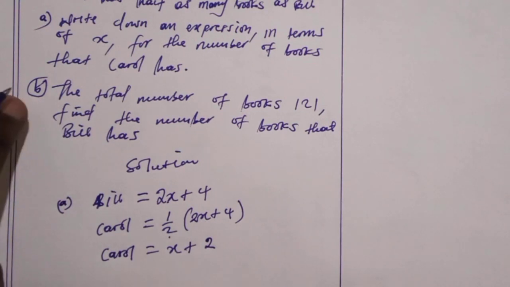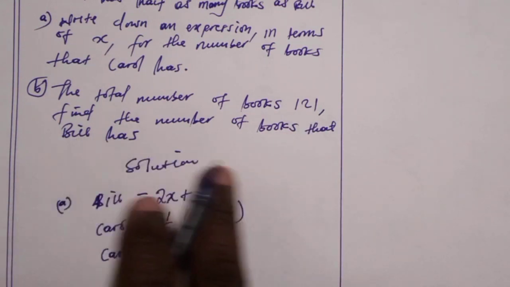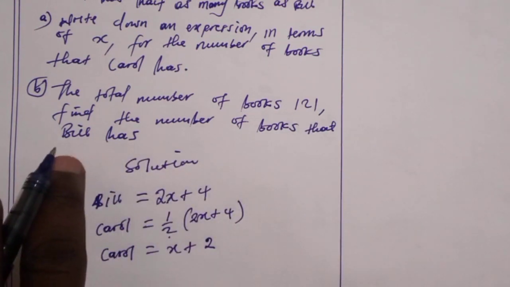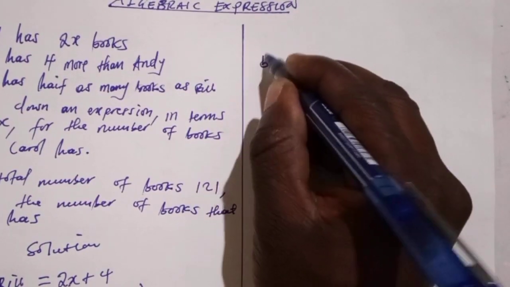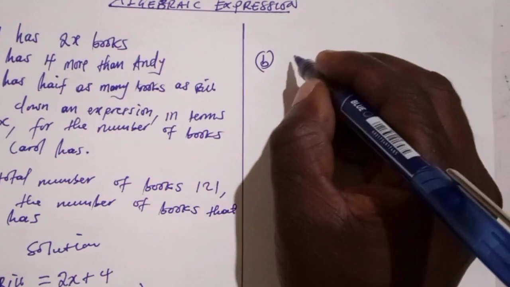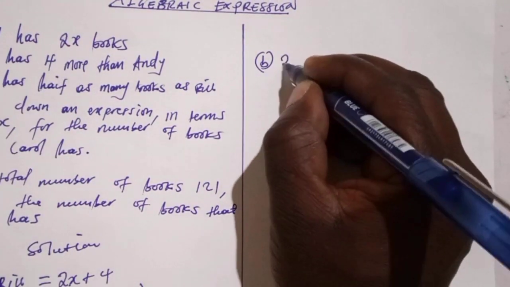And for B, we are told the total number of books is 121. Find the number of books that Bill has. First of all, we have to find the total number. We know that Andy has got 2x books.